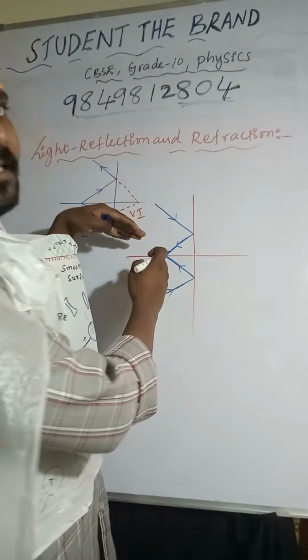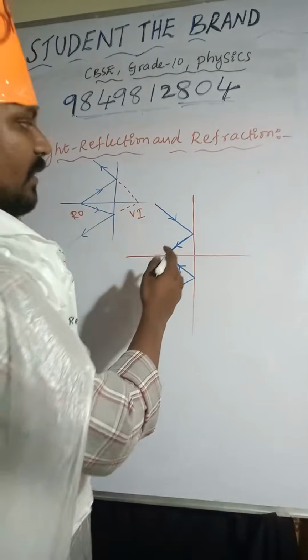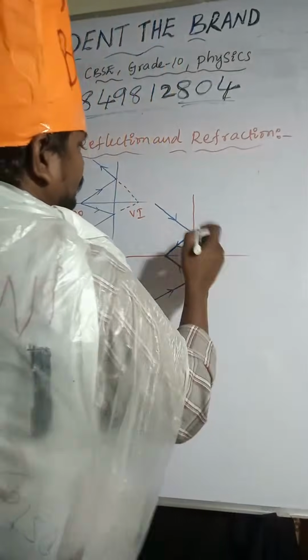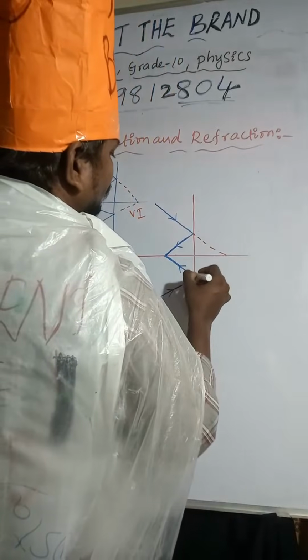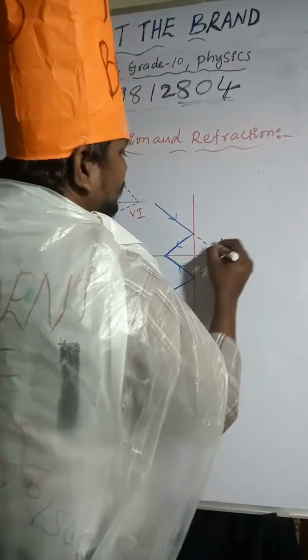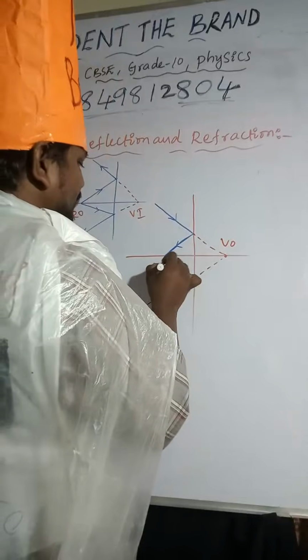After reflection, those light rays are meeting at one point. If you are extending these light rays, here virtual object will be there, virtual object and real image.